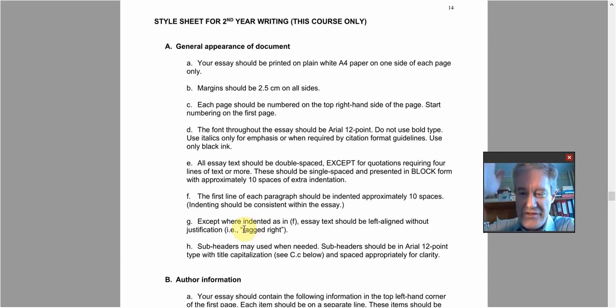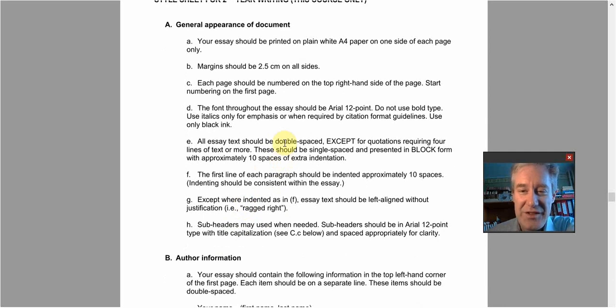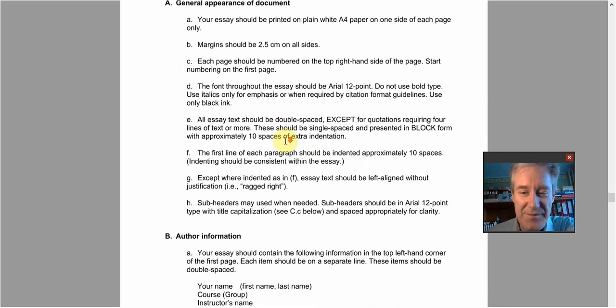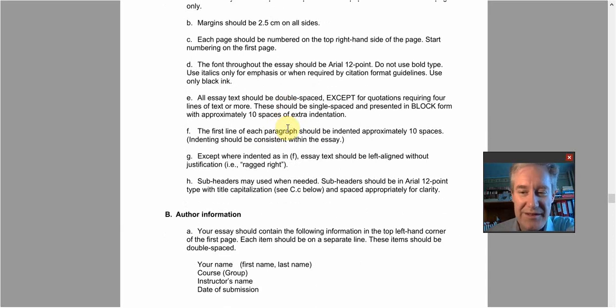The left side is straight, the right side is ragged, meaning kind of not straight, kind of rough and torn looking, you might say. Which is a very nice style, actually, this ragged right style. It looks more natural than when the text is justified to both sides, where it's straight down both sides of the page.